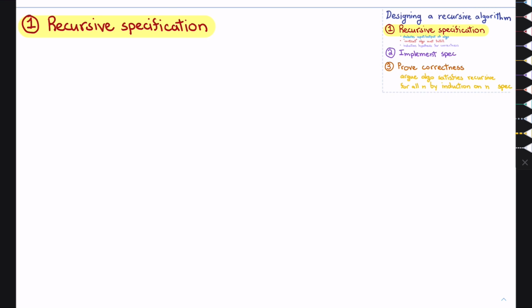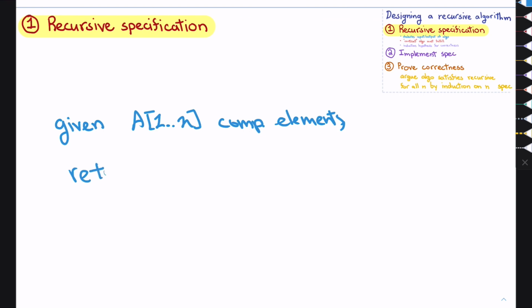Anyone? Similarly, you just have to identify what's the input and what's the output. Yeah, comparable elements. The output is the k-th smallest.